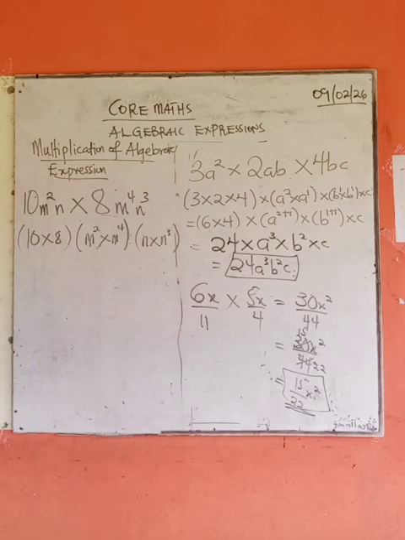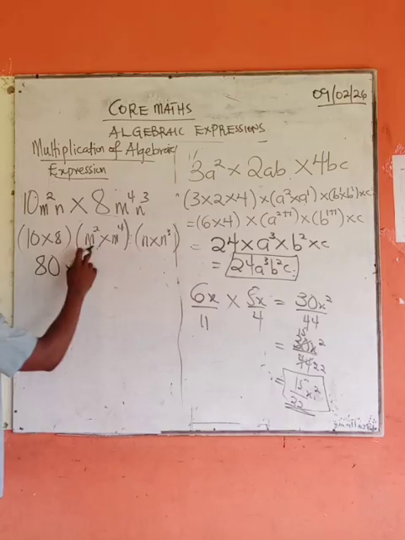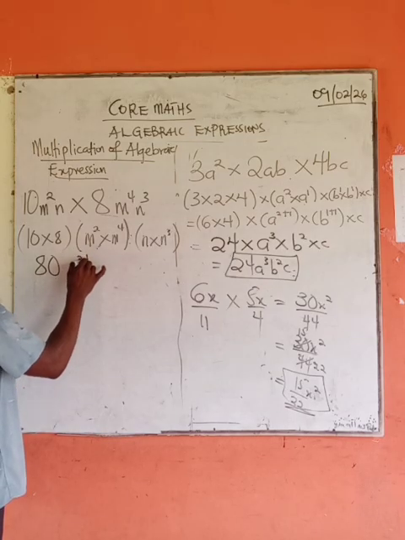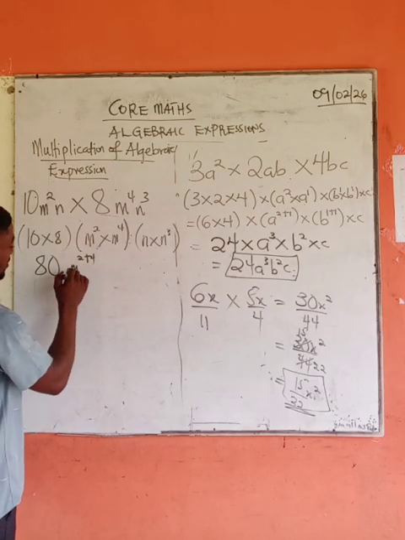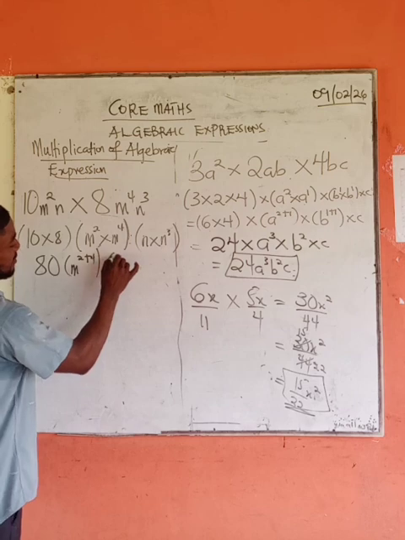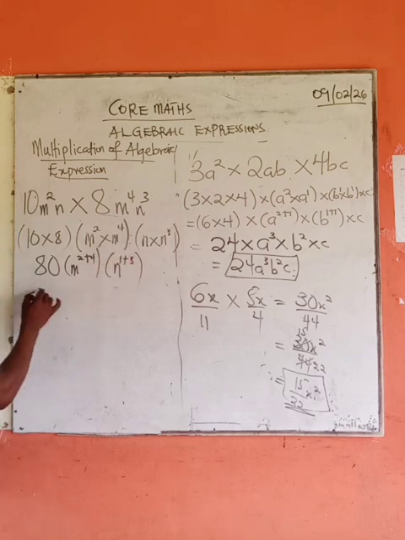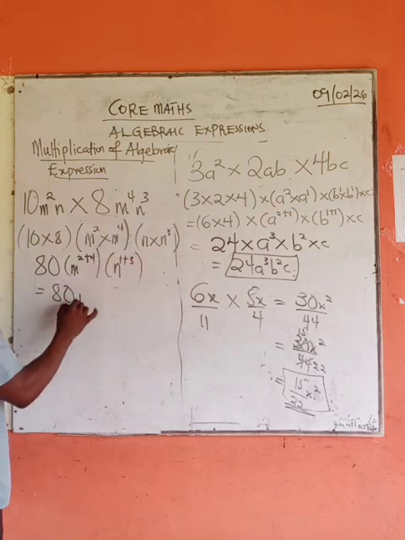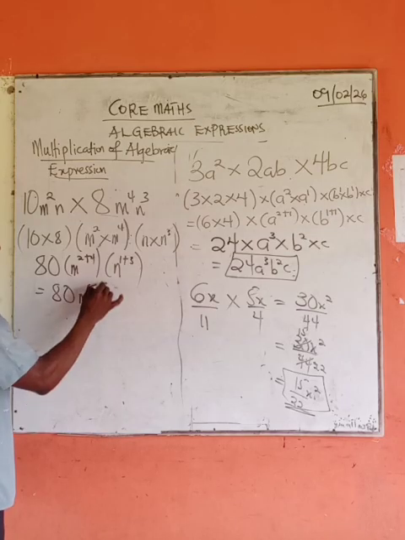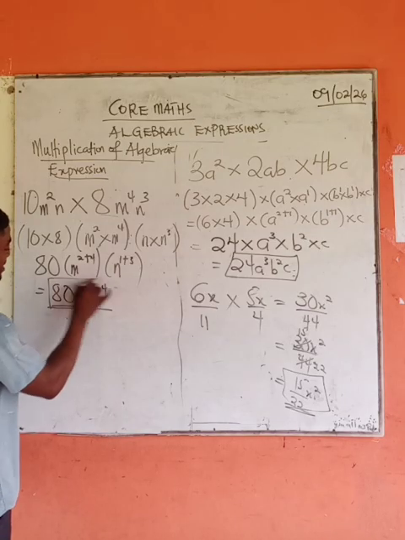So if that is the case, I have 10 times 8, that will give me 80, m power 2 plus 4, n power 1 plus 3, 80 m power 6, n power 4. So I have this as well.